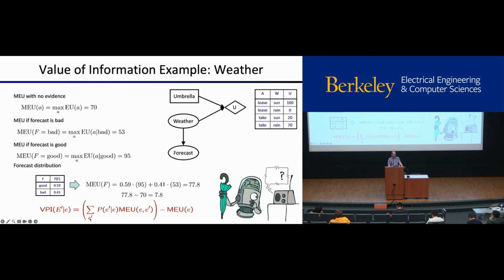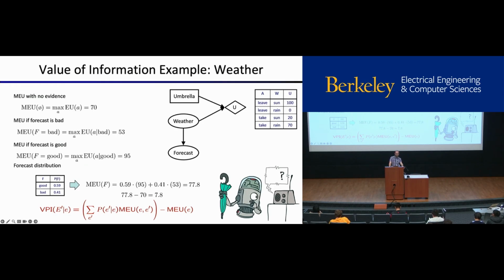First, we take the value summing over all the different possible E primes that we might get, times the probability that we get that E prime, times the maximum expected utility when we have observed the evidence E that we already had and the new evidence E prime. So this is the formula for calculating the value of perfect information.